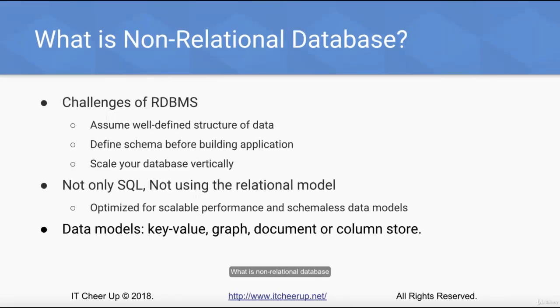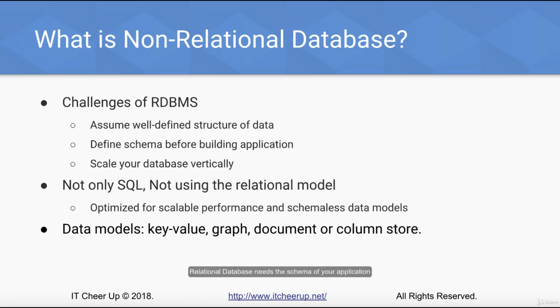What is a non-relational database? Before we talk about the definition, let's take a look at the challenges of a relational database. A relational database assumes a well-defined structure of data and assumes that the data is largely uniform.